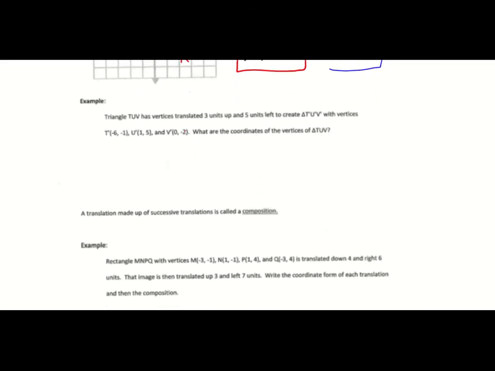Okay, let's do the next example. This one is not asking us to graph. This one is just asking us to find the new coordinates of our triangle. And it says triangle TUV has vertices translated 3 units up. So that means up, that's my y direction. And if I'm going up, that's positive y. So I'm going to add 3 to my y and 5 units left.